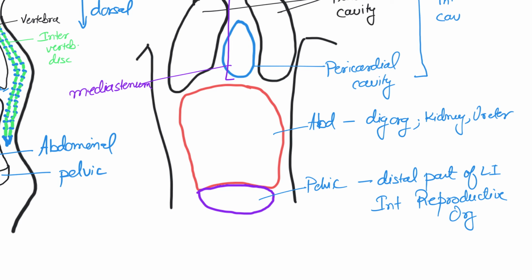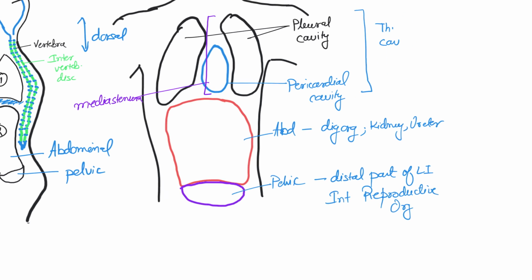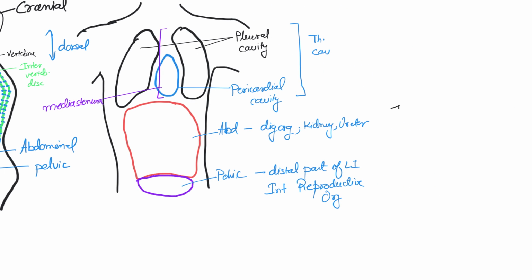Okay, now what is the membrane? Like we talked about the pleural membrane, we talked about the pericardial membrane. What is the serous membrane of the abdominopelvic cavity? The membrane of the abdominopelvic cavity is called serous membrane.